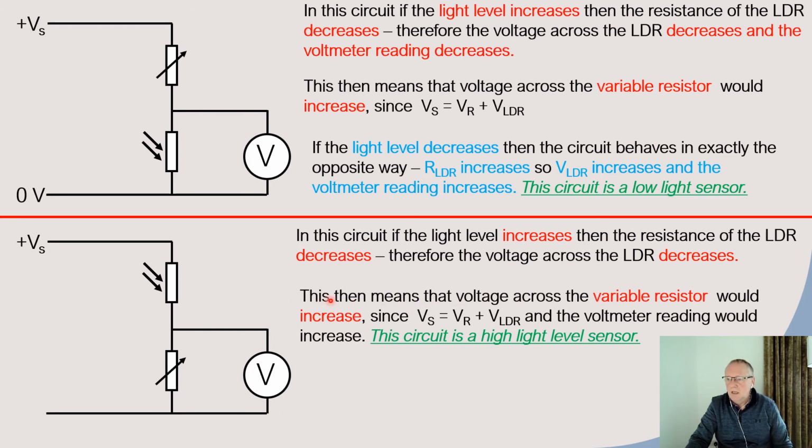So that's just saying that again. This means that the voltage across the variable resistor would increase and the voltmeter reading would increase. So this circuit is a high light level sensing circuit. So this circuit is monitoring when something's getting too bright or too light, then it would control something else in another part of a circuit.